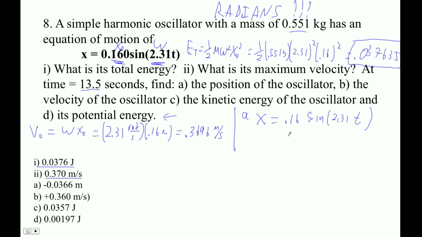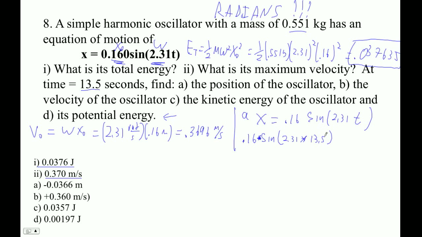Okay, so I'm going to go 0.16 times sine, parentheses, 2.31 times 13.5 seconds, right? This is what I'm typing into the calculator: 0.16 sine, I can put a times in there, and then 2.31 times 13.5.